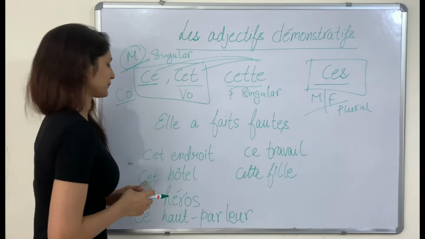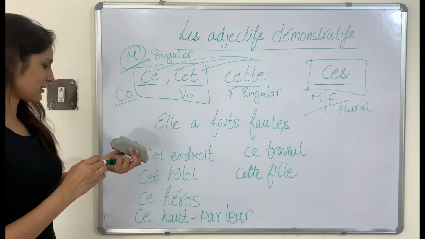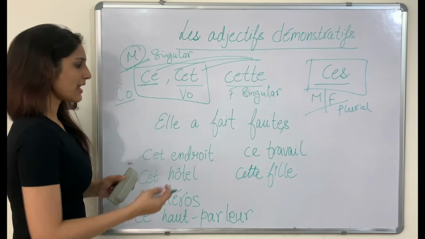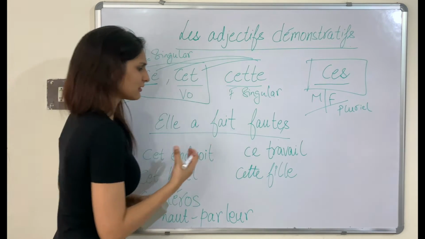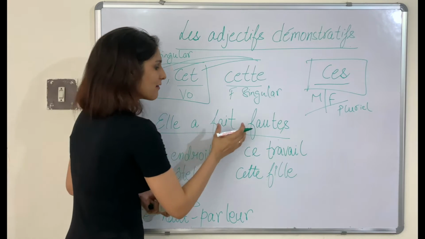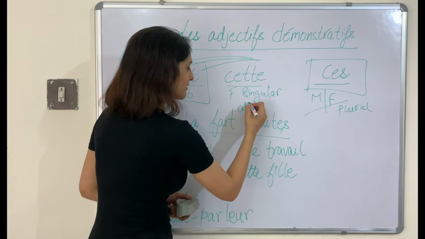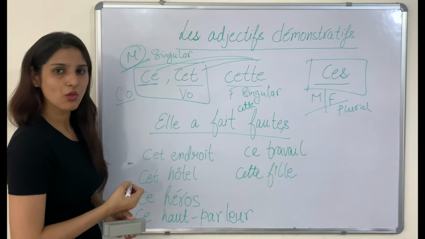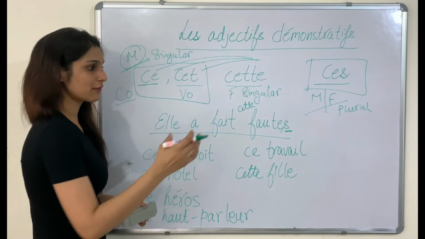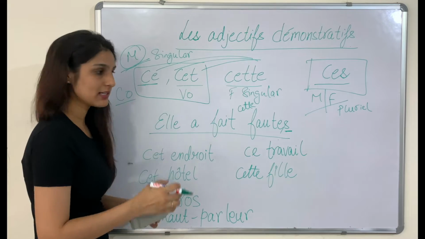So now, you must have seen sentences like I've given over here. Elle a fait faute. This is sounding somewhat incomplete. Elle a fait cette faute. No, because it is not singular. But the word faute is feminine.